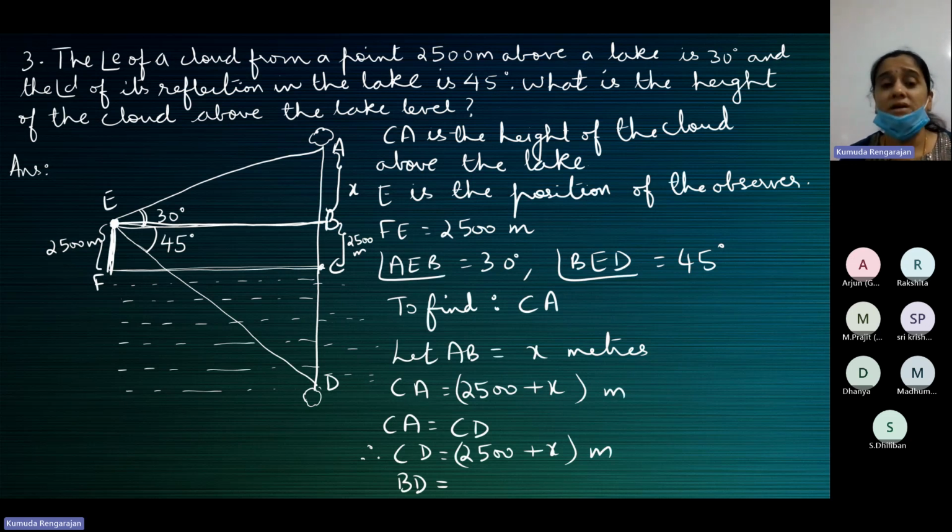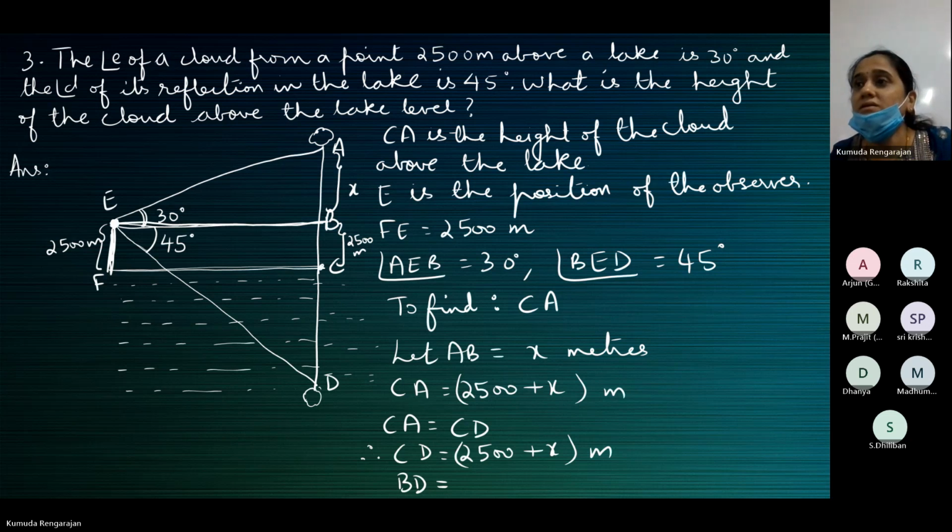Why should we find BD? Because BD is the side opposite to 45 degrees, so we have to use that side. When we use trigonometry, we will be using that side BD. When you take up the triangle with 45 degrees, the side opposite to 45 degrees is BD. So let's find BD.